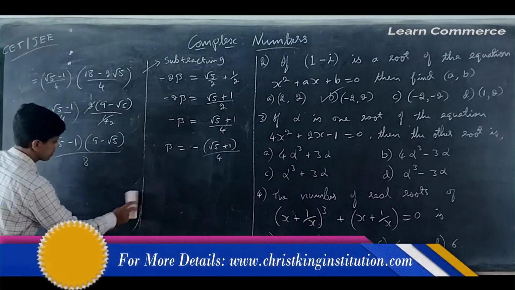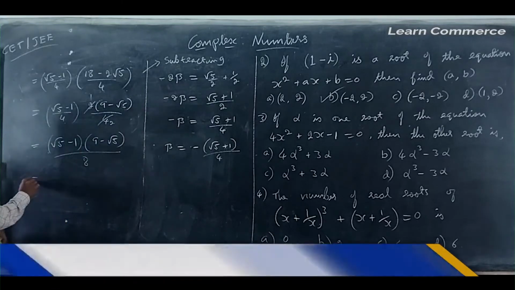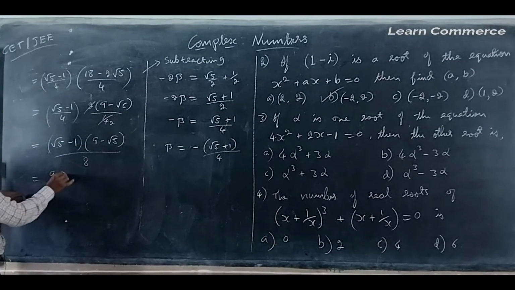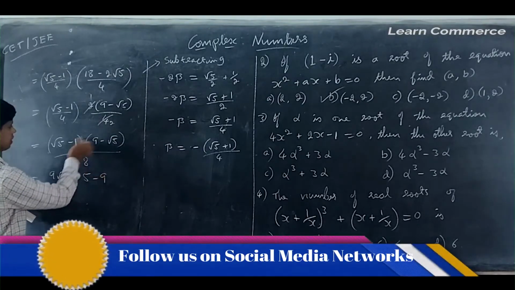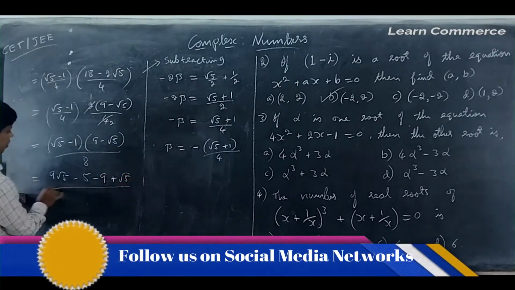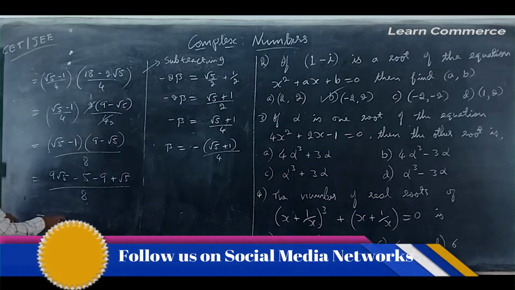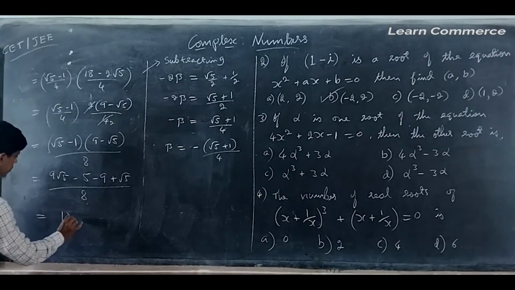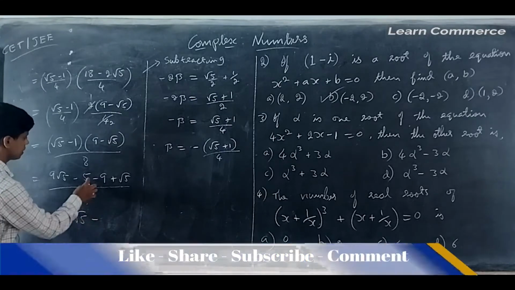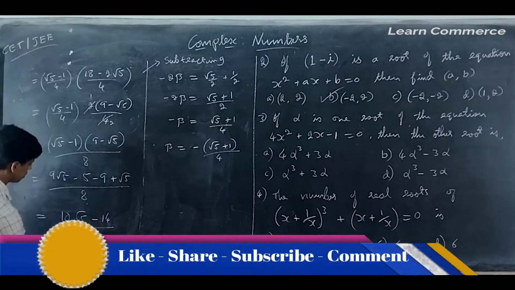Yes. So let's multiply it. We are very close. Now 9 root 5, yes, and then minus 5 minus 9 and plus root 5 divided by 8. So 9 and plus 1, 10 root 5 minus 14 divided by 8.